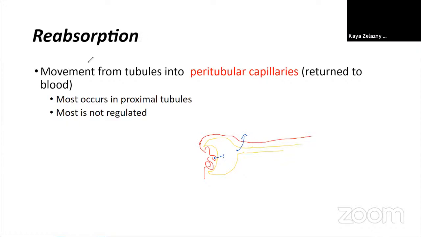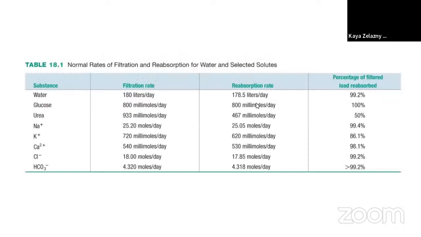Most of our reabsorption is happening in the proximal tubules, and most of it is not regulated, as we learned when we talked about how water moves across the proximal tubules. So we can see that there are normal rates of filtration and reabsorption for water and pretty much any kind of solute you can think of.